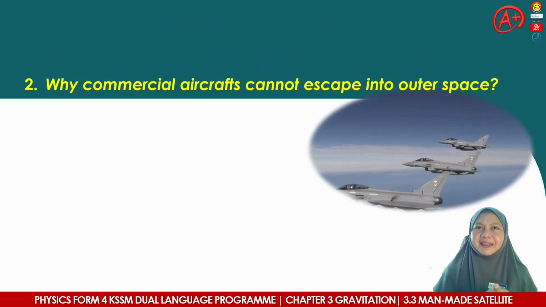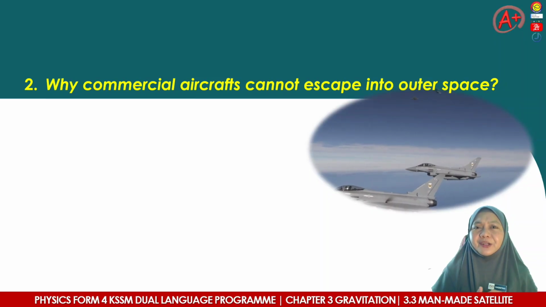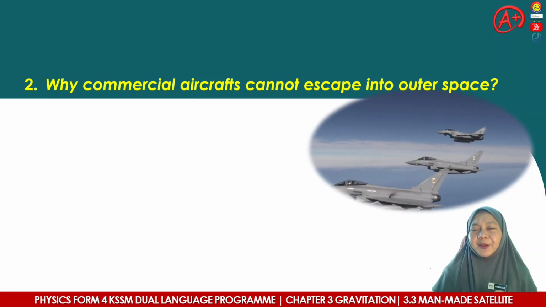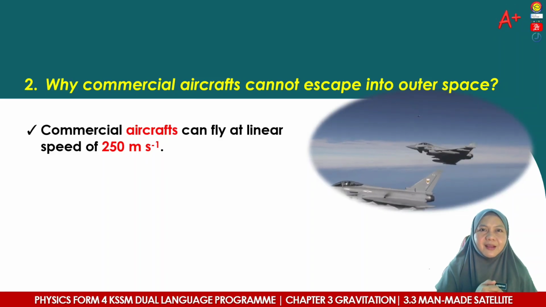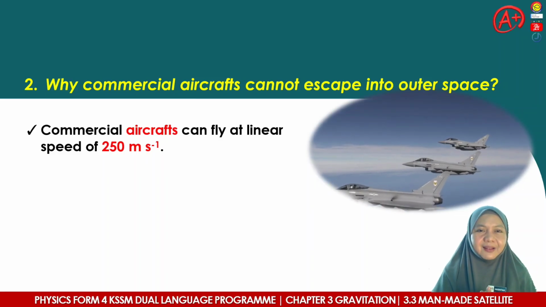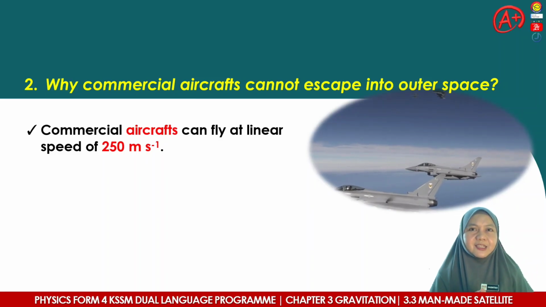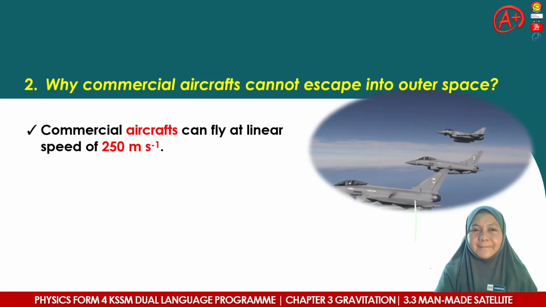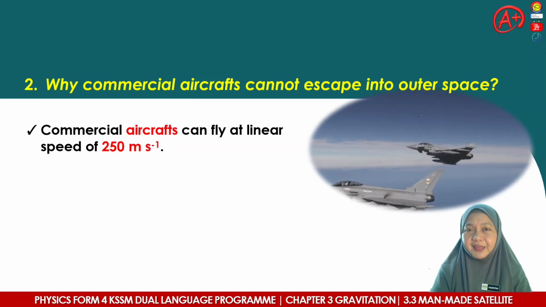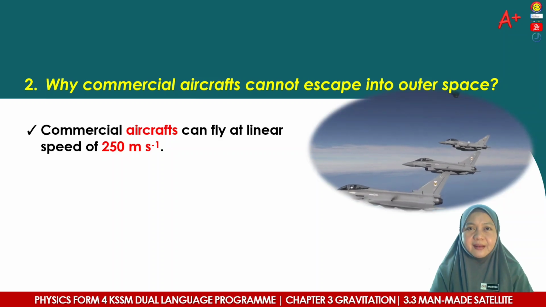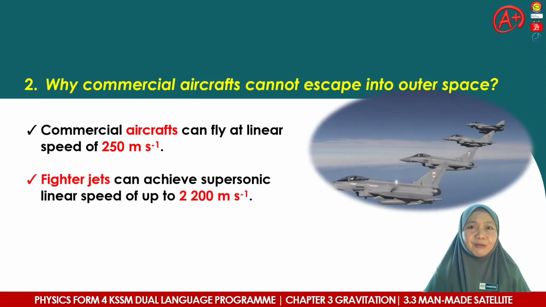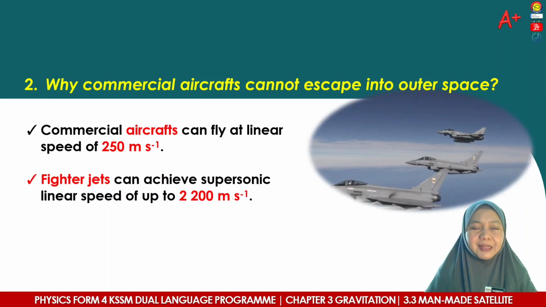What about the second question? Commercial aircraft, why can they not escape into outer space? Commercial aircraft can normally fly at a linear speed of 240 to 250 meters per second. Again, this is very low compared to the Earth's escape velocity of 11,200 meters per second.